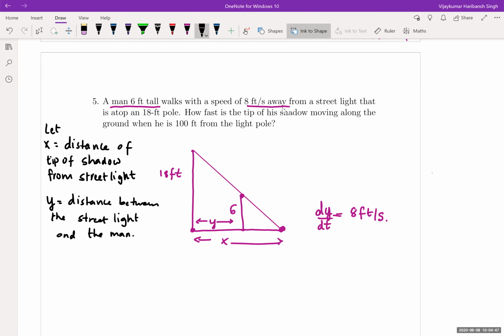Now for that, note that this big triangle is similar to this small triangle. Why is that? Because first of all, these angles are the same, and then these angles are also the same, right? So by the angle test for similarity, they are similar. So what does it mean? Similar triangles have proportional sides.